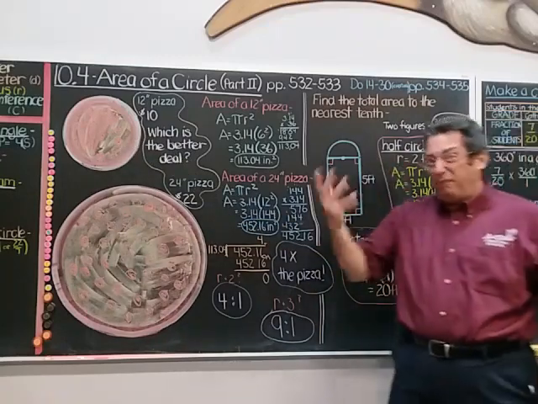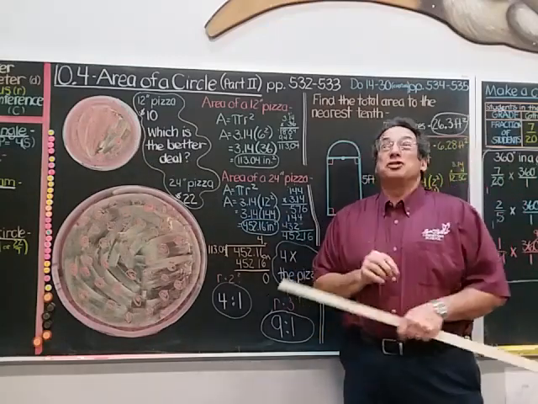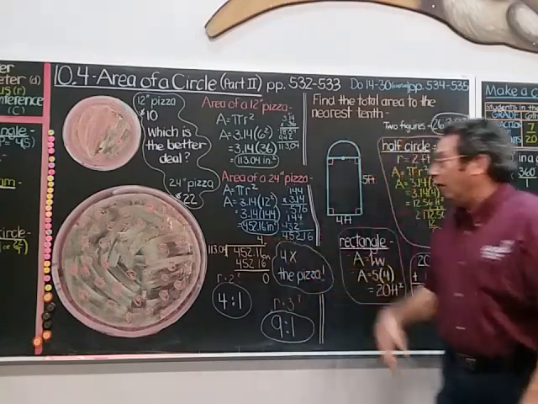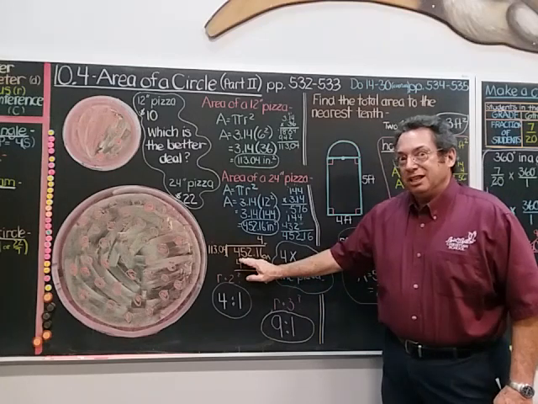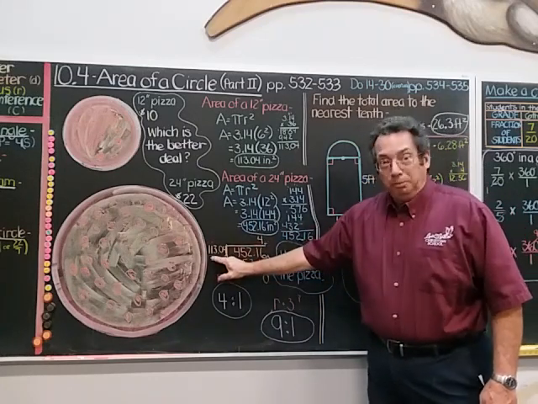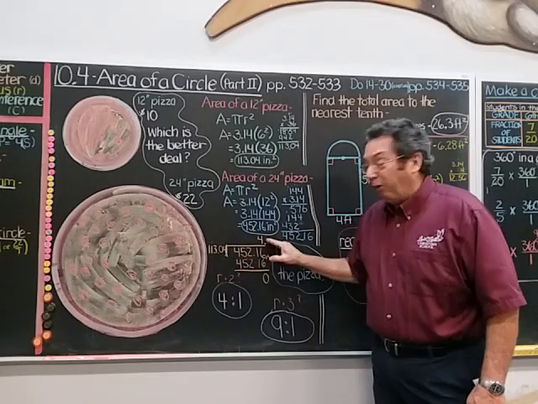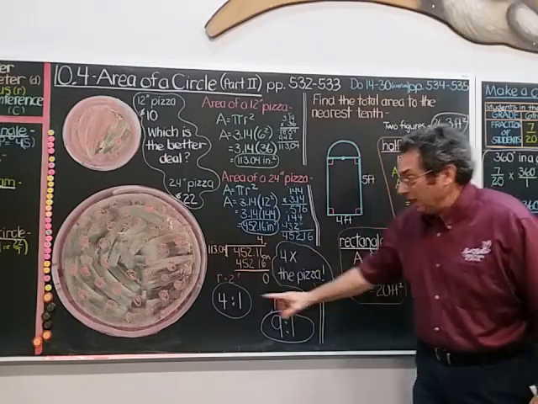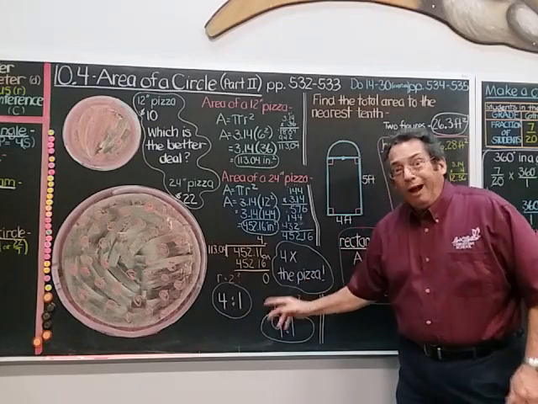All right, this is all before I ordered the pizza, right? The waitress is going, okay, come on, let's go. All right, now I decided to see how much more pizza that is. So I divided the area of the big pizza by the area of the smaller one, and I got 4. Okay, that means it's a 4 to 1 ratio.